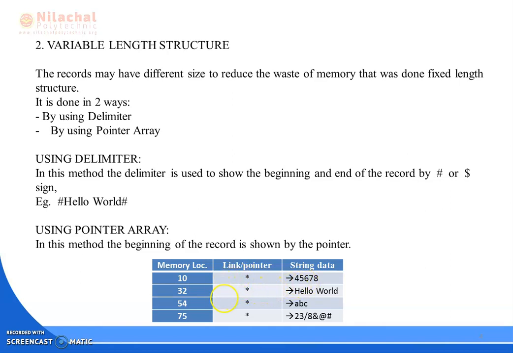Similarly, there are various memory locations and their corresponding pointers which point towards the beginning of the string data. So here we can easily determine the beginning of the data, and we can easily store the string with the same amount of size we want, that is, the size of data is equal to the size of the memory stored.